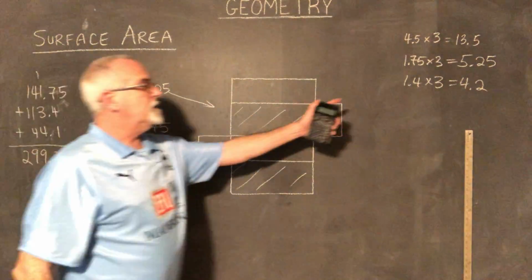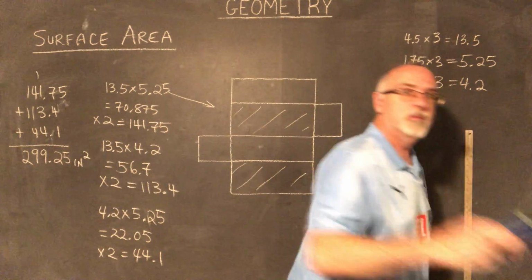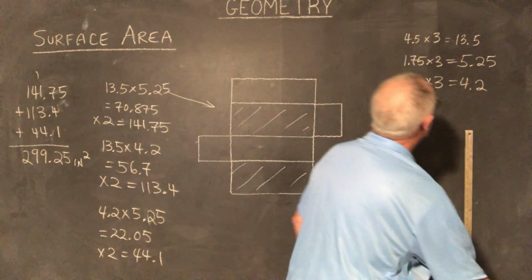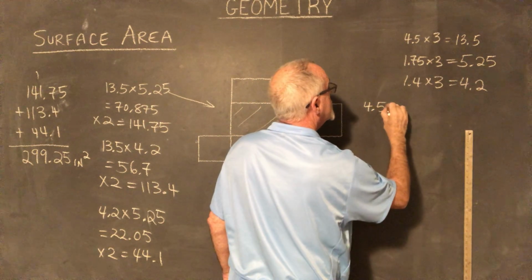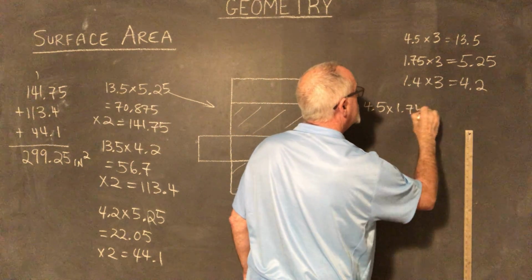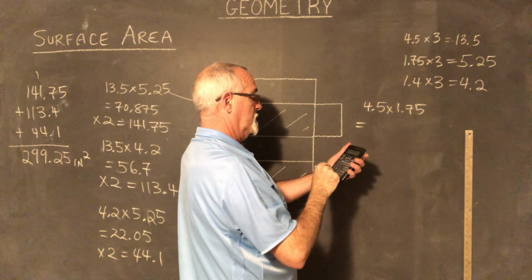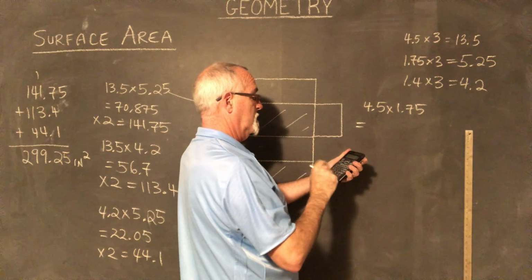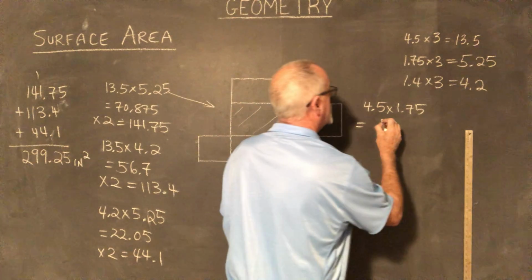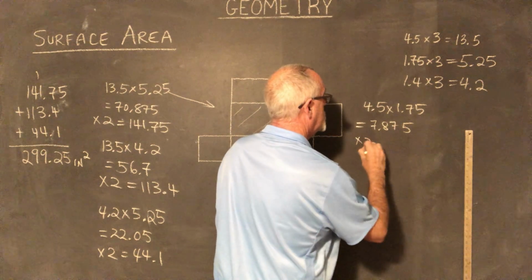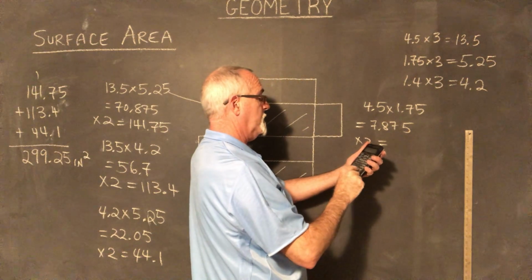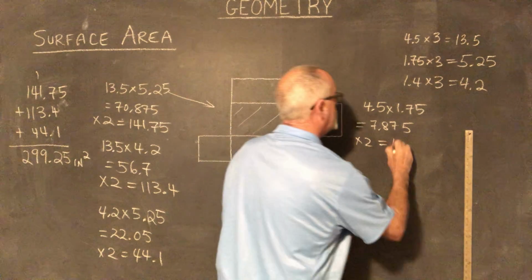Okay, let's do this one. That's these smaller amounts. So it's 4.5 times 1.75, which is 7.875, times 2 equals 15.75.